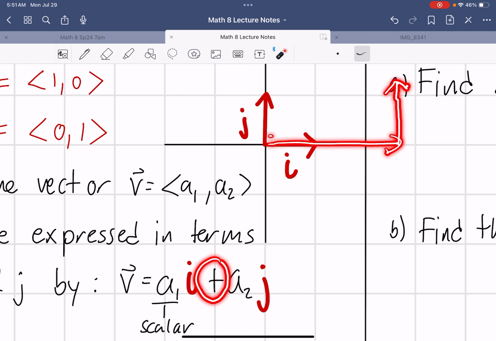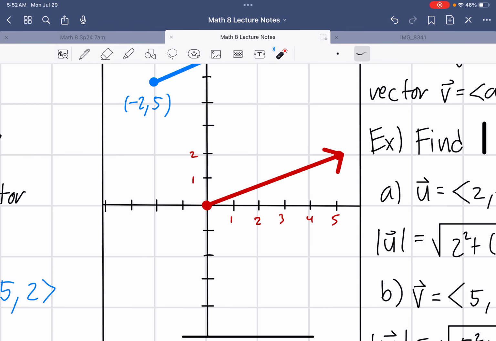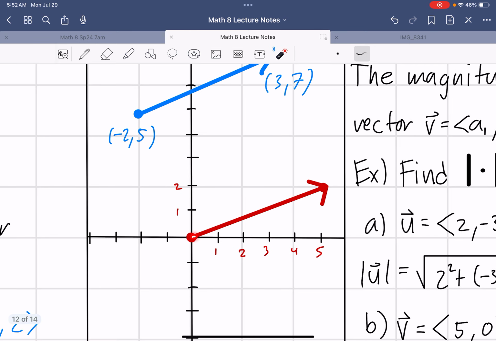And because we're adding them, I take the initial point of j and I put it on the terminal point of i. But the vector that's created, we have to go from initial i to terminal j, right? Which is pretty much how the representation of vectors work, right? We would go, let's say this was the vector <5, 2> from the origin, 5 right, up 2, and this is the vector in question.